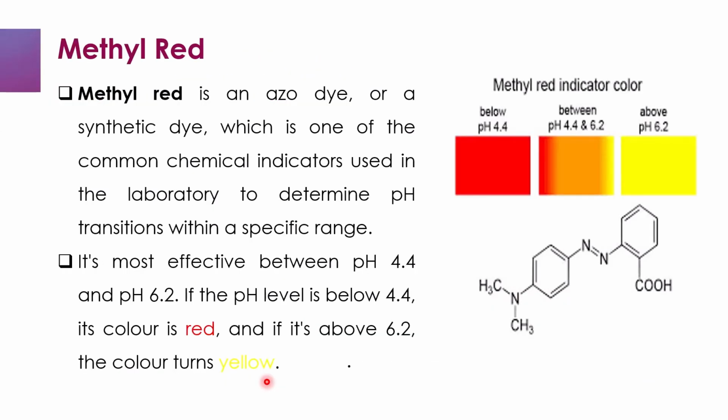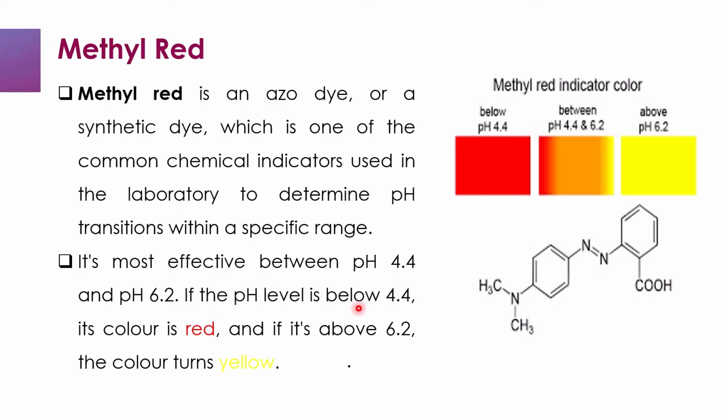The next indicator is the methyl red. What you also have to note about methyl red is that it is an azo dye, or a synthetic dye, which is one of the common chemical indicators used in the laboratory to determine pH transitions within a specific range. It's most effective between pH 4.4 and 6.2.